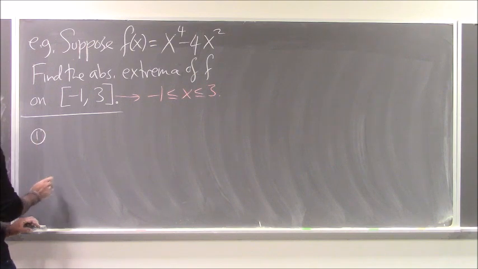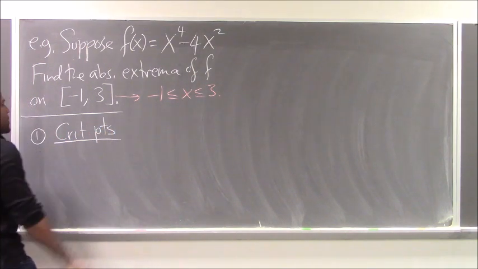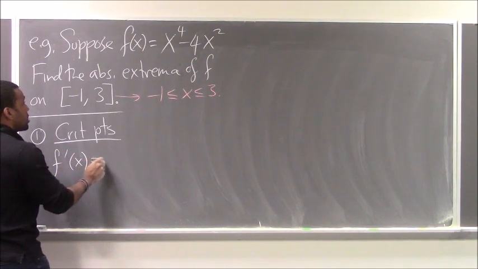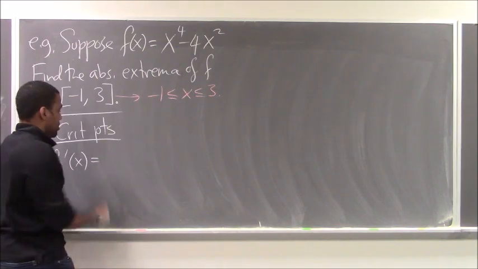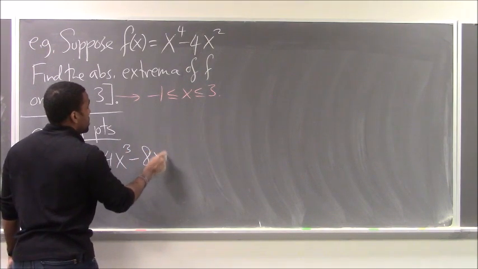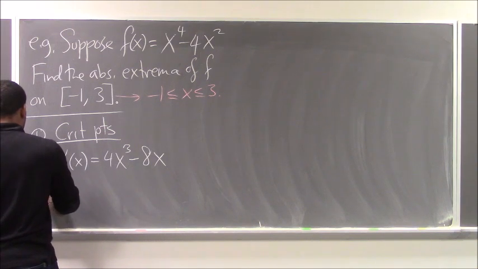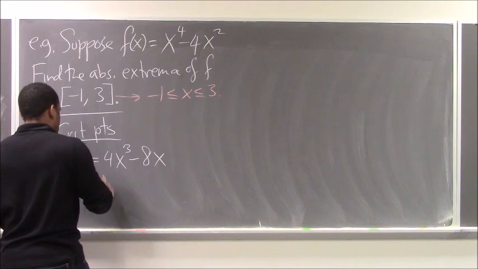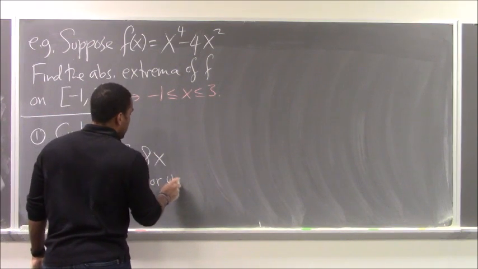First, step 1, we're going to find the critical points. What we're going to do for critical points is find f prime of x. What's f prime of x? That's right, it's 4x cubed minus 8x. Now, for critical points, set f prime equals 0 or undefined.